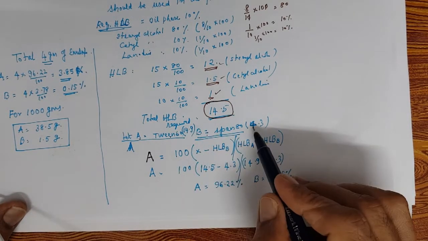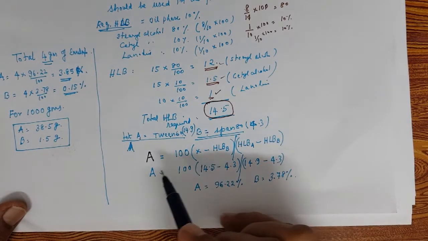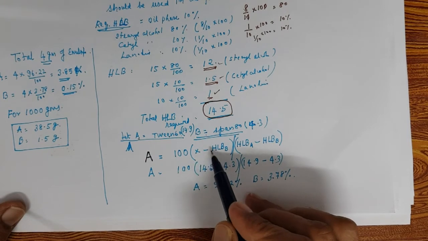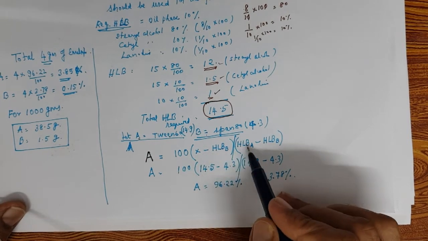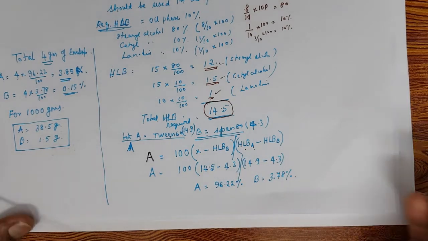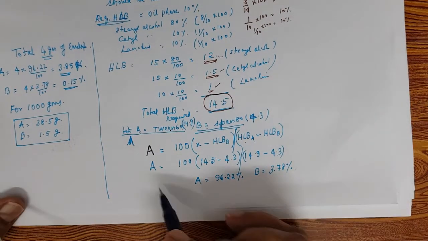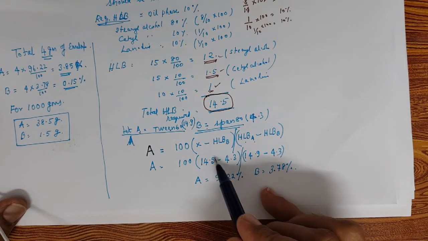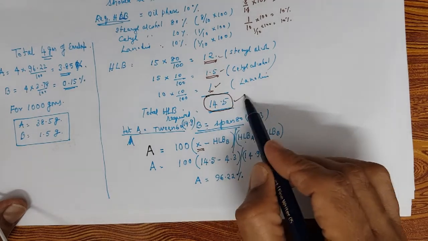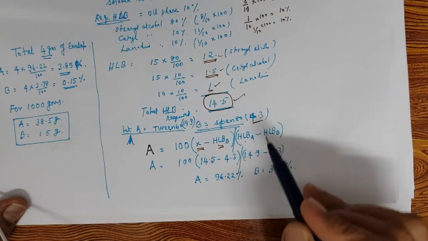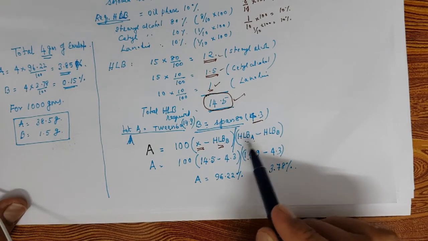Here 14.9, 4.3, right? The formula: A is equal to 100 into X minus HLB of B, divided by HLB of A minus HLB of B, right?